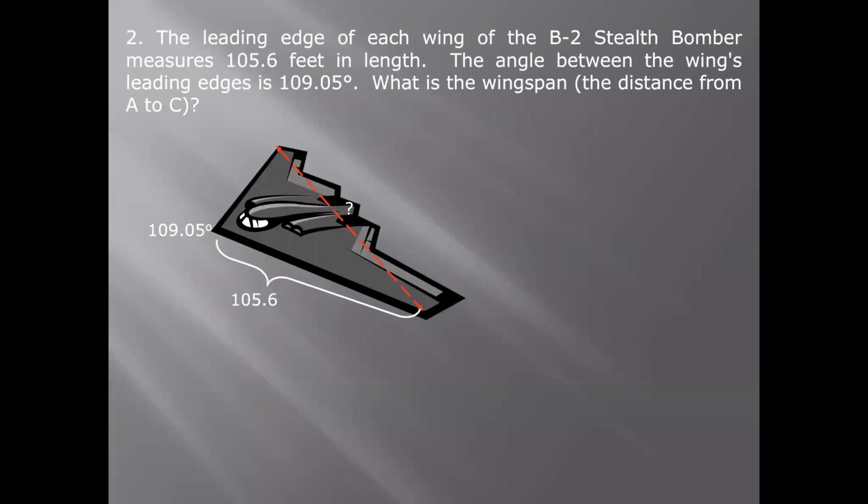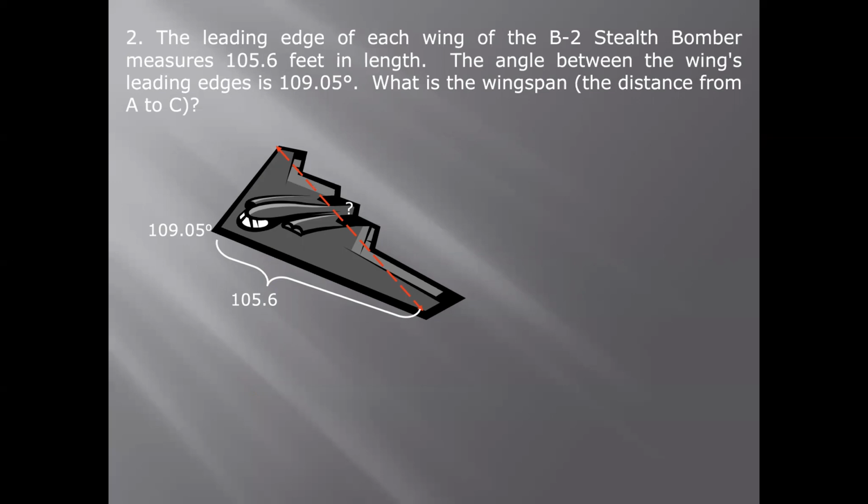This second problem, you can try it on your own. Here you are given the wingspan of a jet, the intersection of the wingspan, which is 109.05 degrees, and you are asked to find the wingspan from A to C. Let's say the length of this side is 105.6, therefore the other side is also 105.6.